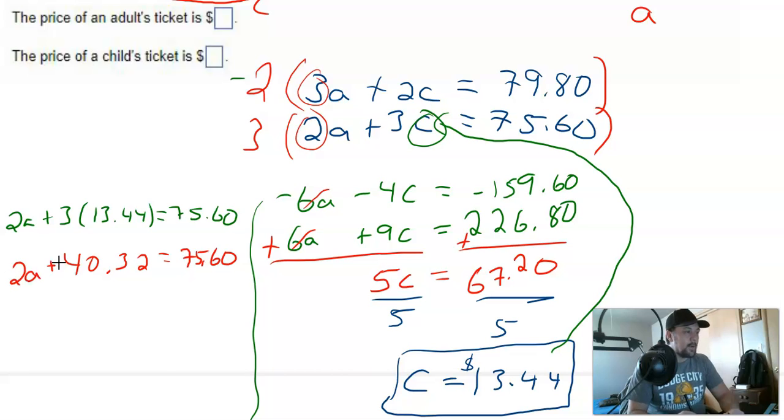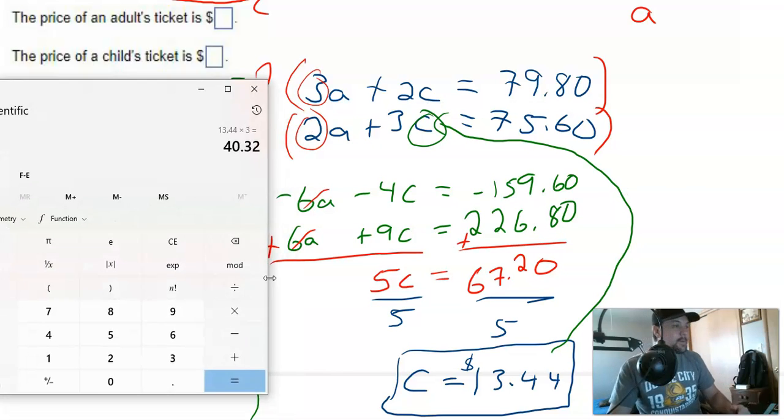This is still going to be 2a, and I'm sorry if that's kind of hard to read, but that's an a right there. All right, then we solve it for a, kind of the same boring old routine. Subtract the 40.32 to the other side, so I'll have 75.60 minus 40.32. Now this is going to say negative because I'm subtracting it backwards, because I already had the 40.32 in my calculator, so I decided to subtract 75.6 from that.